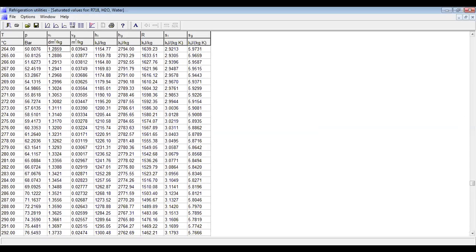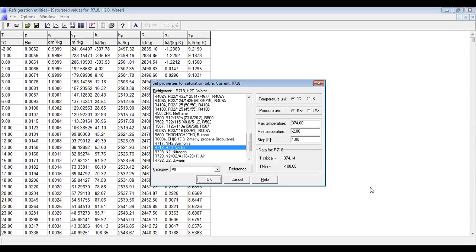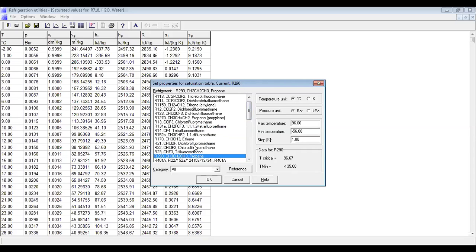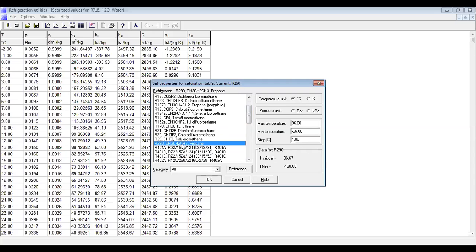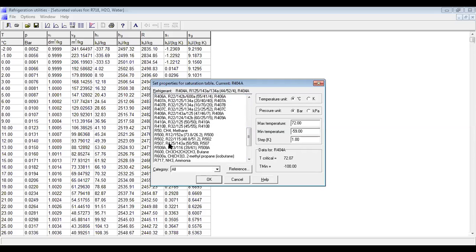You can have plenty of data. If you need one more, there are different types. So many: R134a, familiar, R21, R22, R290, the latest, the propane, and also R404. I hope you have heard those refrigerant types.